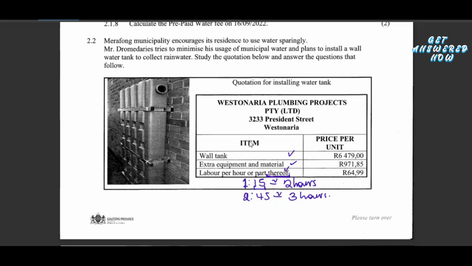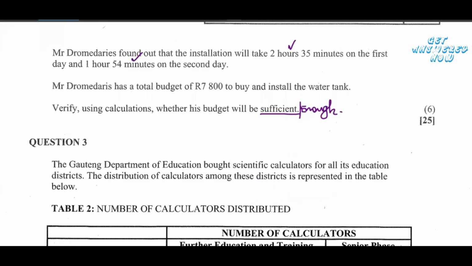So let's look at that logic. We've looked at the amount he's going to pay. So here we shall say he has to buy the tank, which is 6,479. On top of that, he has to buy extra equipment and material, which is worth 971 rands 85 cents, plus the labor.